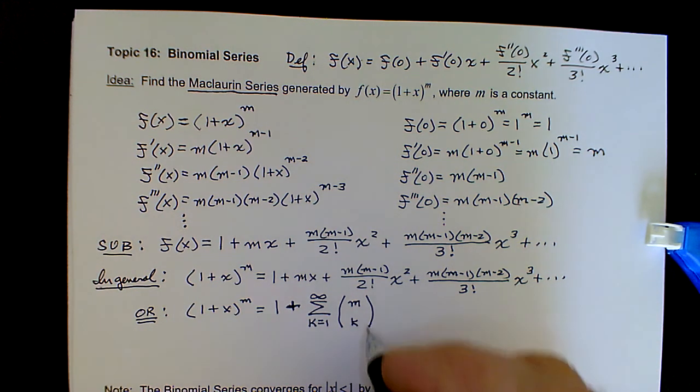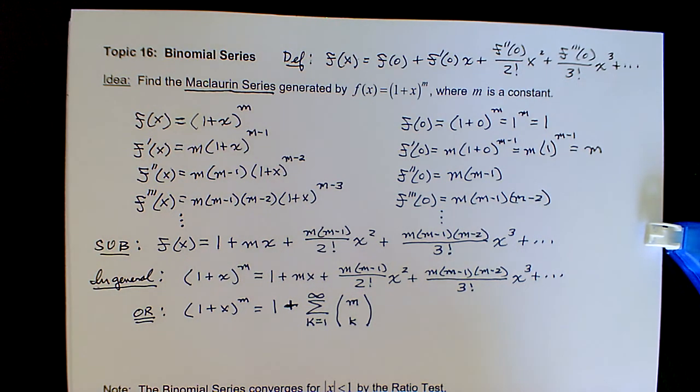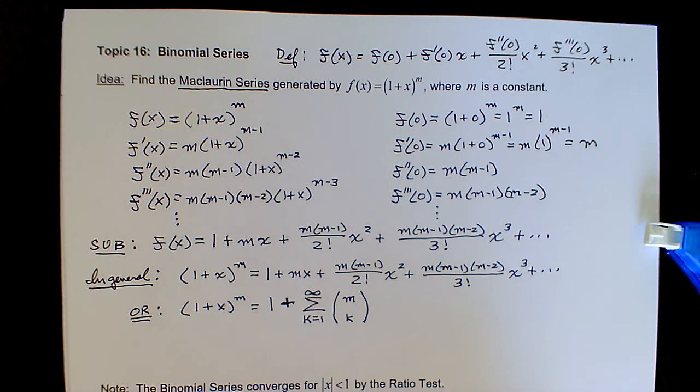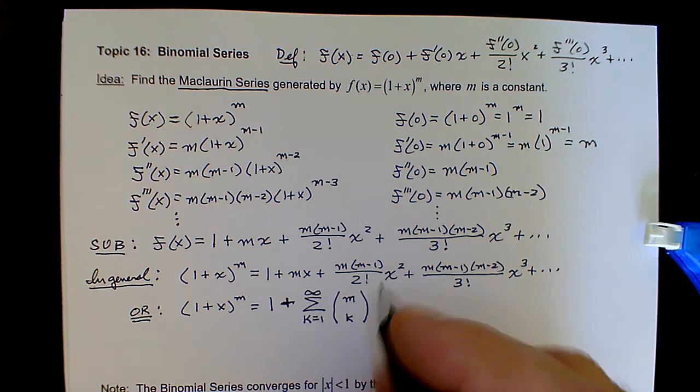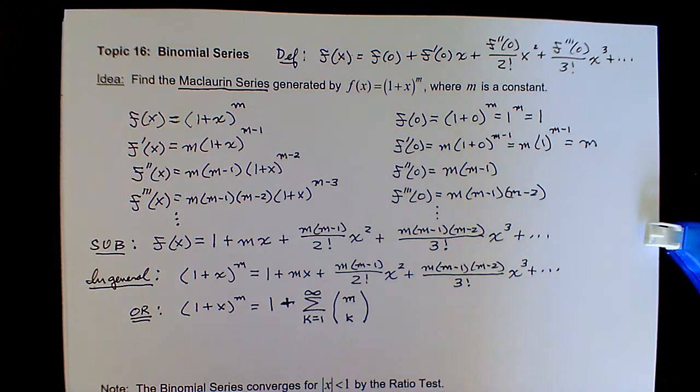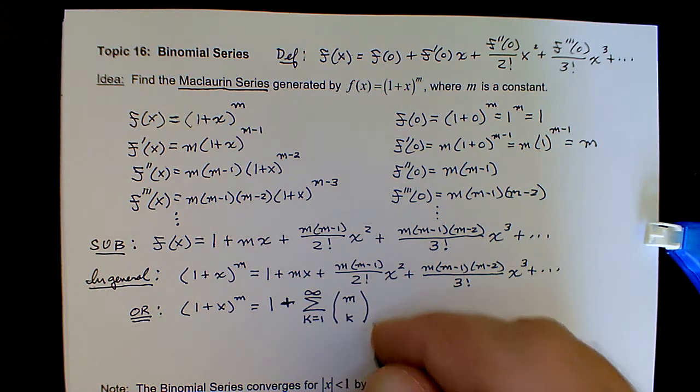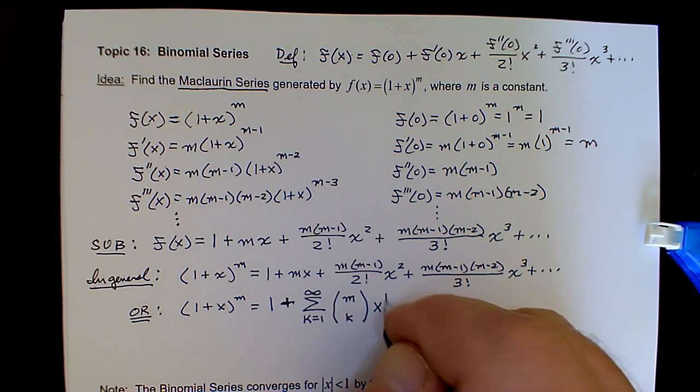In a big set of parentheses, we write m on top of k, and it's read as m choose k. It's really just the combinatorial coefficient, and then this times x to the kth power.